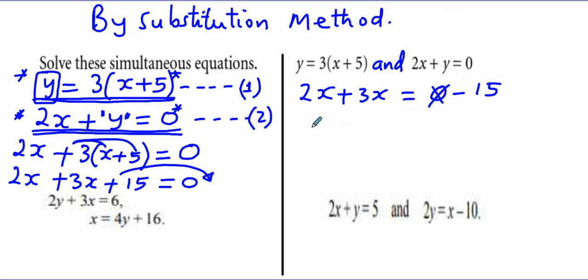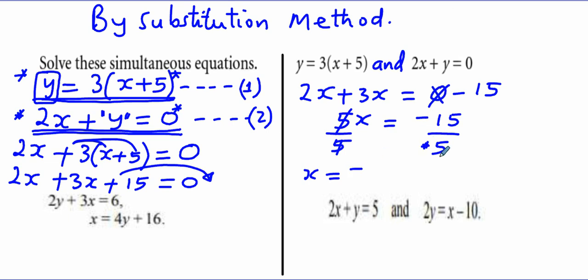Cancel this 0. So on the left you remain with 5x equals negative 15. To find the value of x, you need to divide by 5. X equals negative, since negative divided by positive is negative. 15 divided by 5 is 3. So the value of x is x equals negative 3.